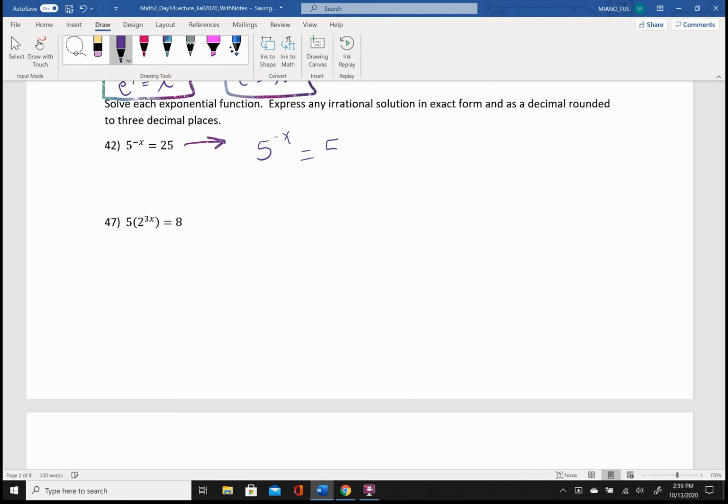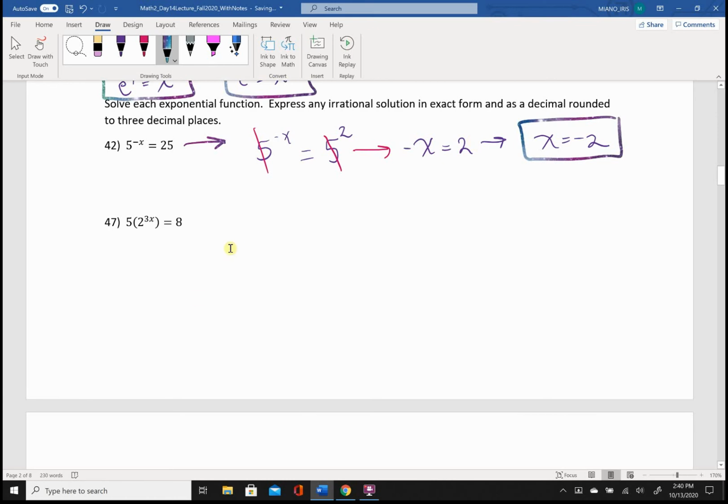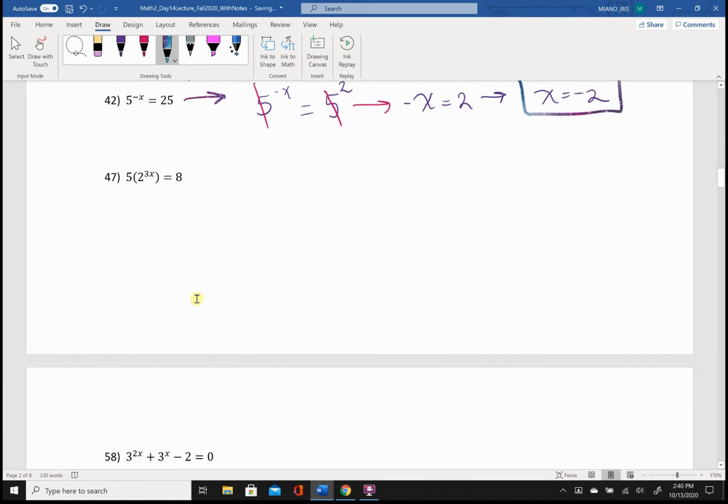Certainly 25 is 5 to the second power. And we can cancel out the bases and say, well then therefore negative x has to equal 2, which means x equals negative 2. Starting off real easy breezy on this one, and then they get markedly harder from there.